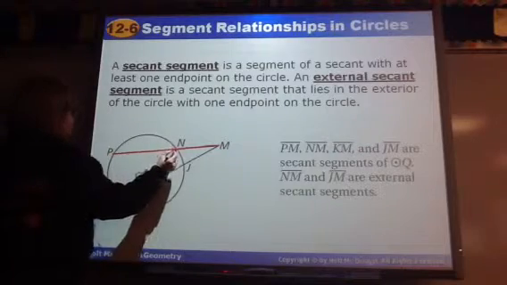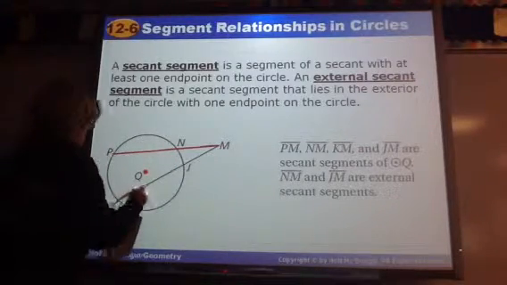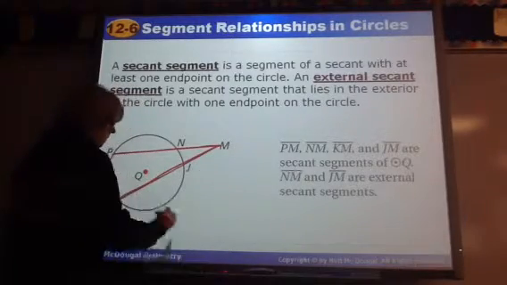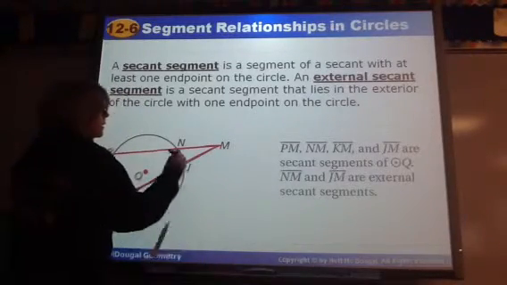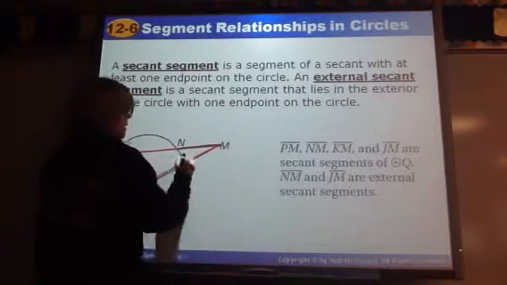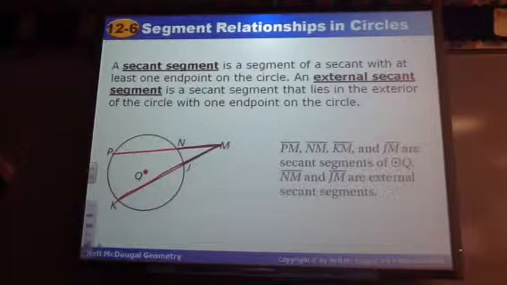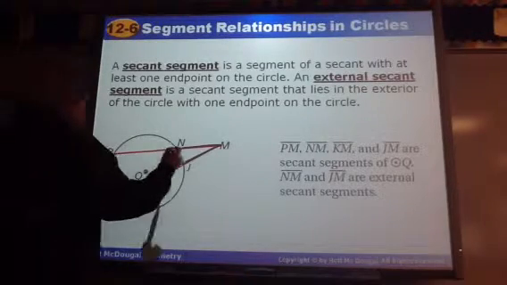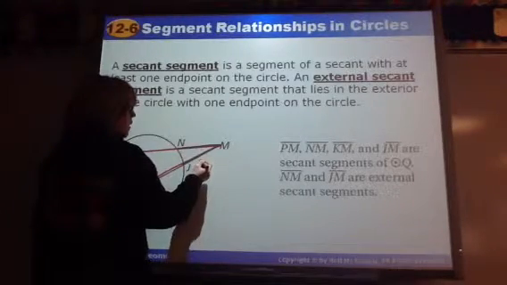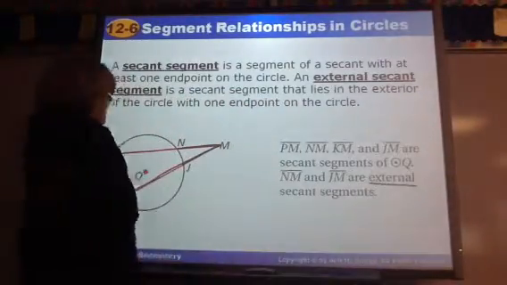It intersects the circle right here, and it's a segment. We also have KM, and then also NM and JM. Now, NM and JM are external secant segments, okay?